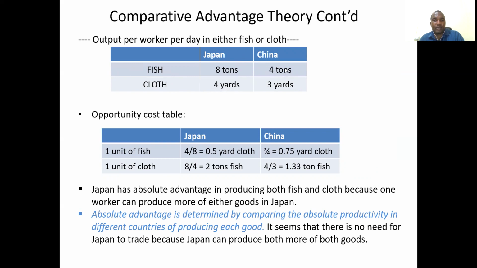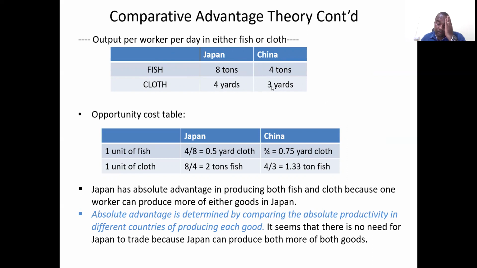China produces 4 tons of fish and 3 yards of cloth. So when you analyze, you realize that Japan has absolute advantage in the production of both fish and cloth compared to China. This is just a hypothetical example. So according to the prediction of Sir Adam Smith, there is nothing to be gained from international trade in this scenario.